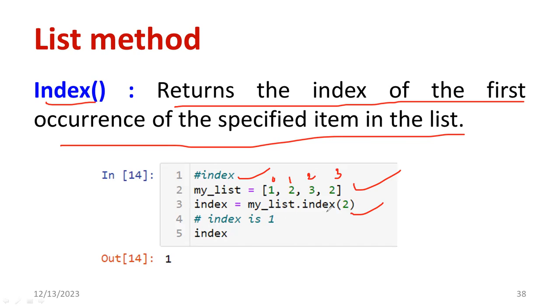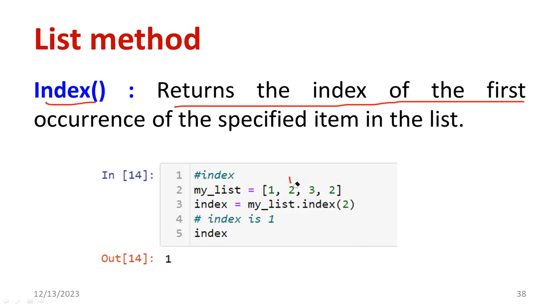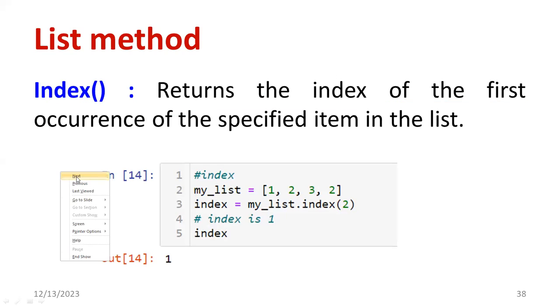If I specify 2 here, I want to know the index of the first item called 2. Of course, it is 1, so the output is 1. I think it's clear. Look into this operation once more so that you understand the importance of index.